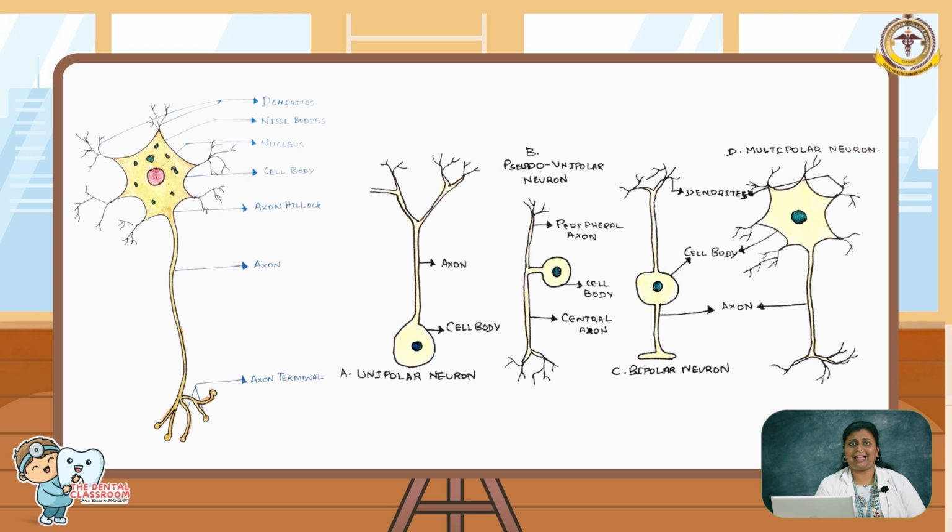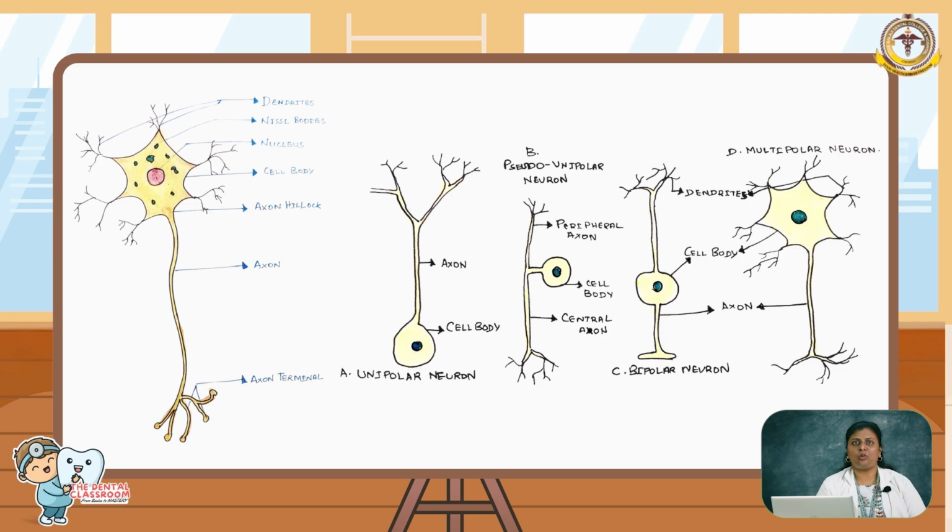The neuron is classified into different types in the form of structural classification. According to the structure, it is classified as unipolar neurons, pseudo-unipolar neurons, bipolar neurons and multipolar neurons. What is this all about? A pseudo-unipolar neuron has one axon but extended branches on either side, so that is why it is called pseudo-unipolar.